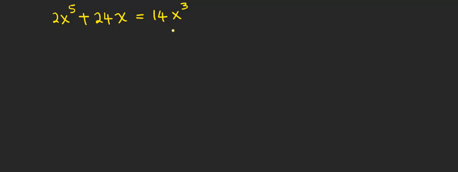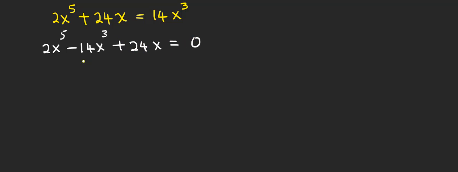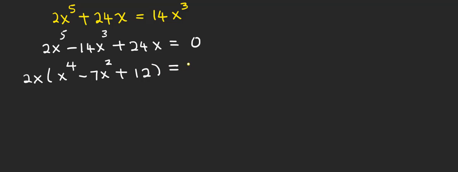Now let's solve this equation. What you want to do is move all the terms to one side and set that equal to 0. So what is a common factor? You take out 2x, and you get x to the 4th minus 7x squared plus 12 equals 0.